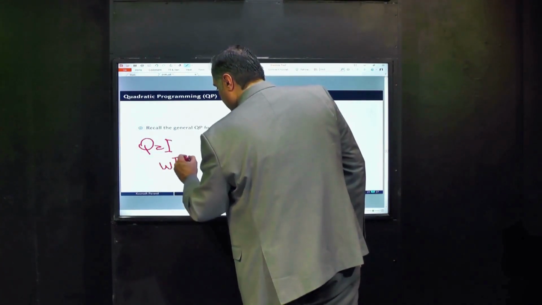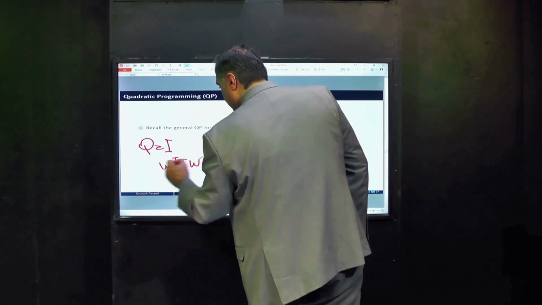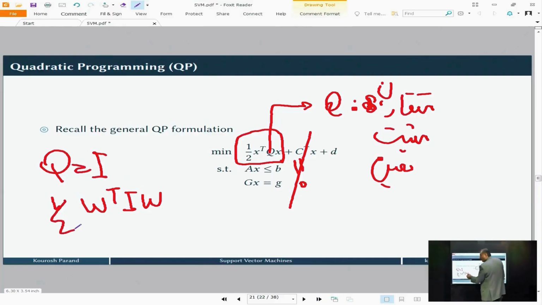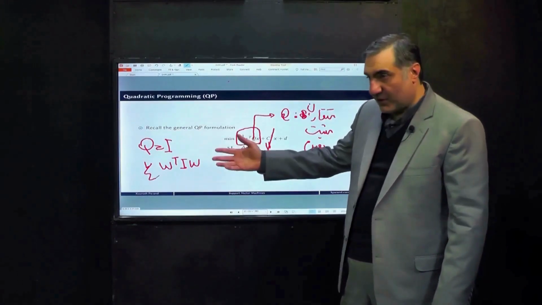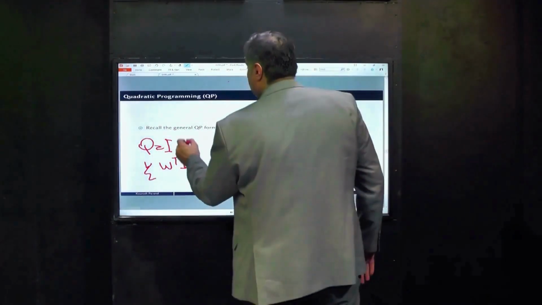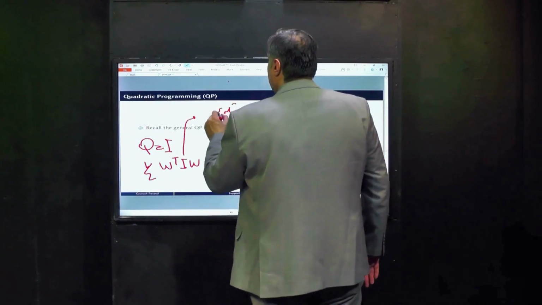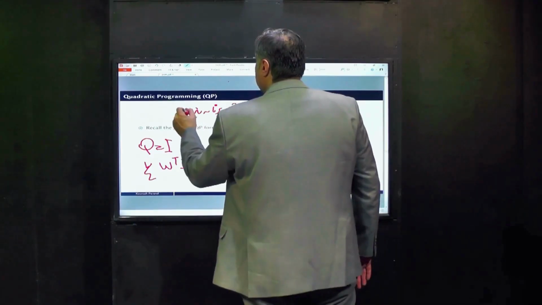What form is this? It's quadratic. That's why, folks, we call it a quadratic programming problem, or in other words, a quadratic problem.